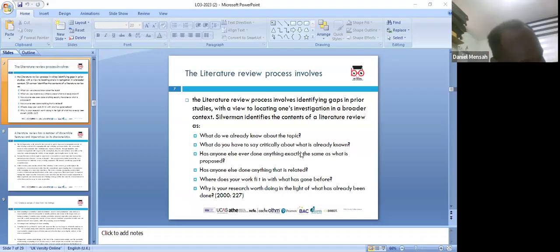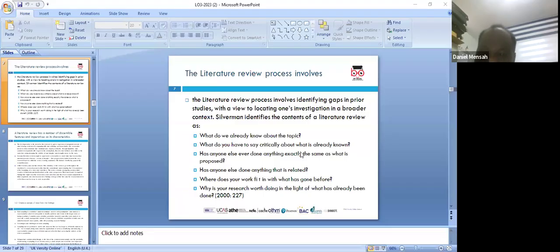And then we need to do also literature review processes, identifying gaps in prior studies with a view to locating one's investigation in a broader context. Now Silverman identifies the context of a literature review as: what do you already know about the topic?